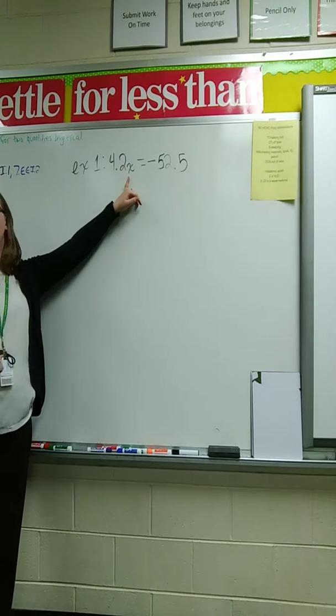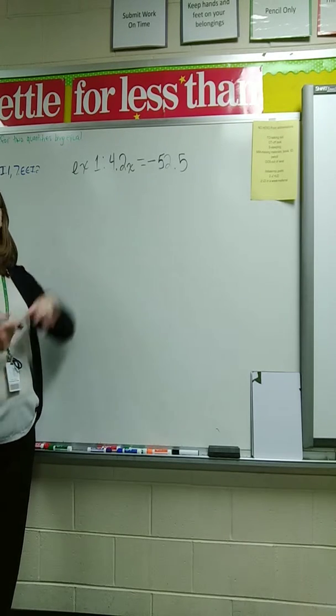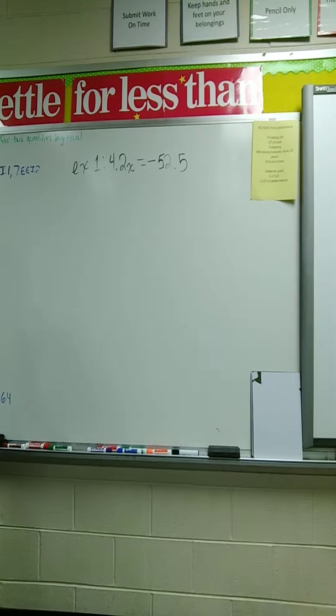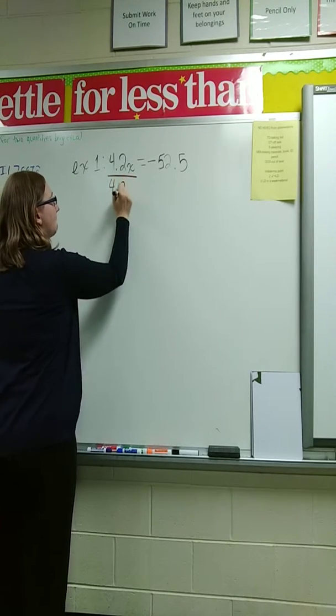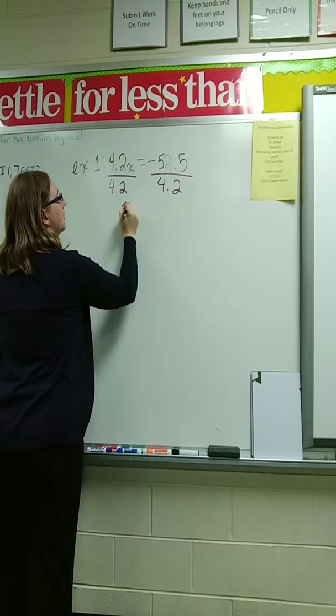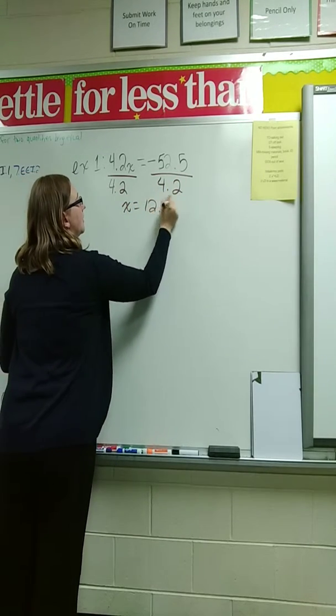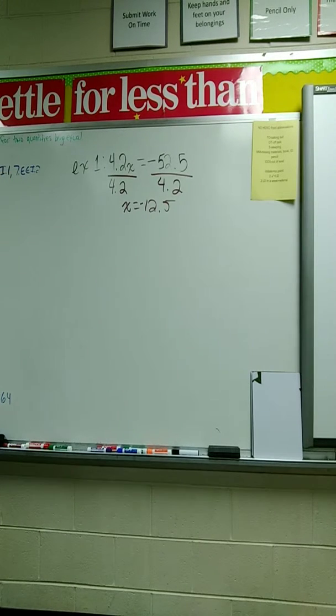So to get the variable x by itself, which is the goal when solving an equation, we're going to divide both sides by 4.2. And when we do that, we find that x is equal to negative 12.5.